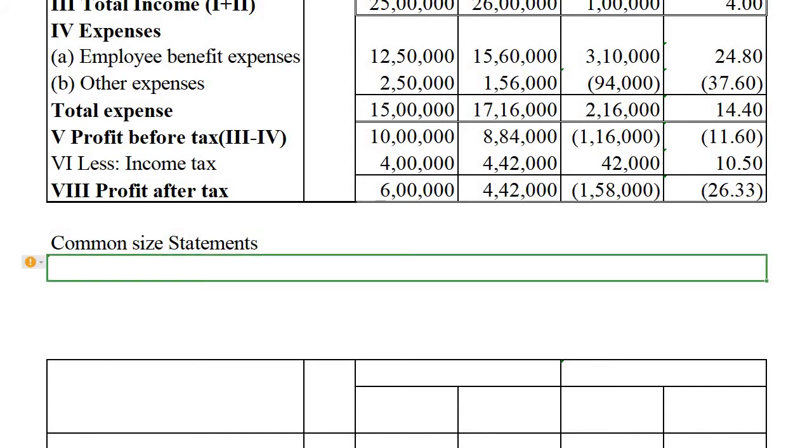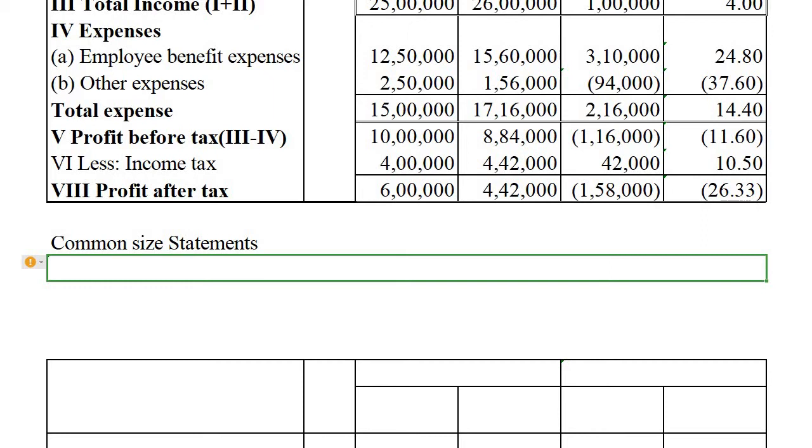See, there are two types of common size statements, just as the comparative statements we have studied are of two types: comparative balance sheet and comparative income statement. Before studying the bifurcation, let us see what a common size statement is. A common size statement is a tool for vertical analysis of financial statements.